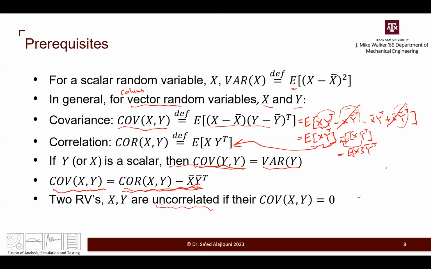Their covariance is 0. However, the converse is not true. If I tell you that two random variables are uncorrelated, then you cannot conclude that they're independent.